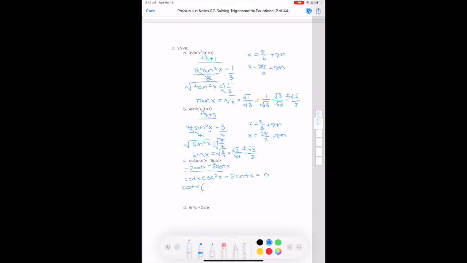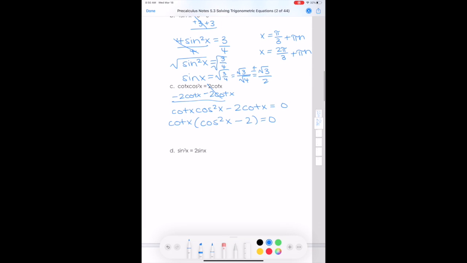But on letter C, you subtract 2 cotangent x from both sides, getting everything on one side and getting it set equal to 0 so that you can factor. All right, and now we put both of those factors equal to 0 to solve, just like we would factor a typical equation.